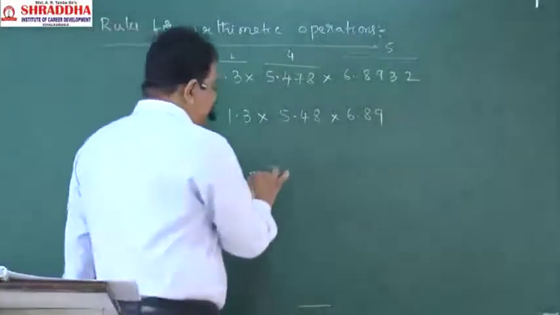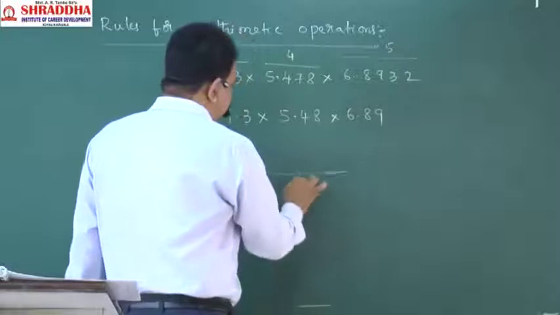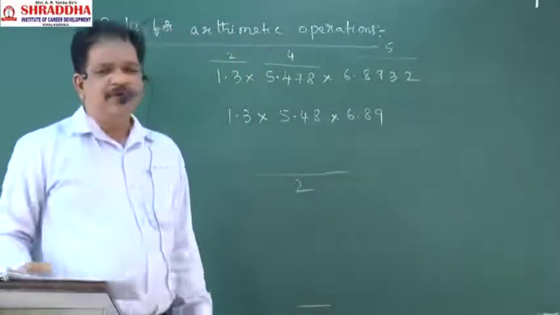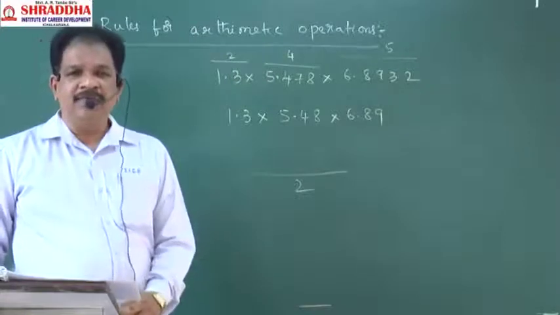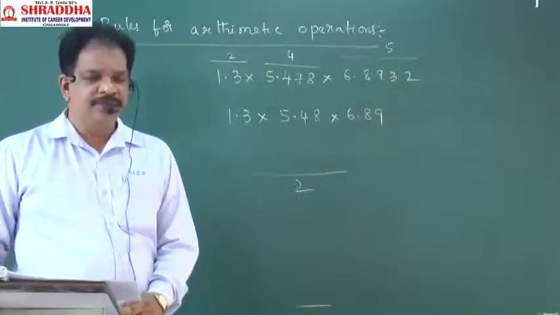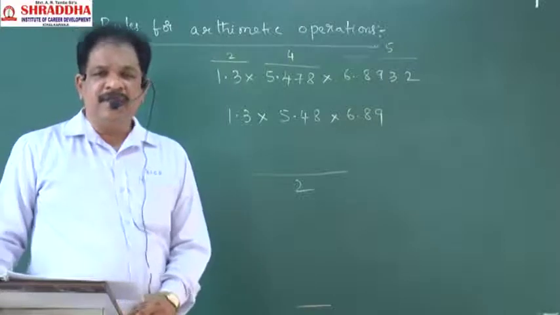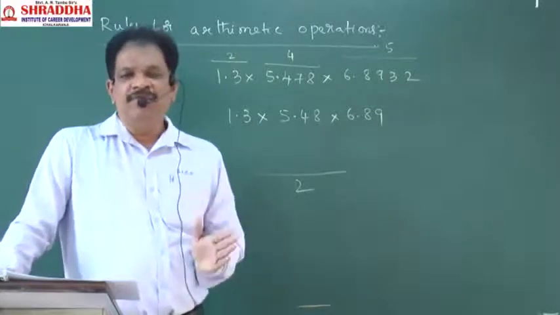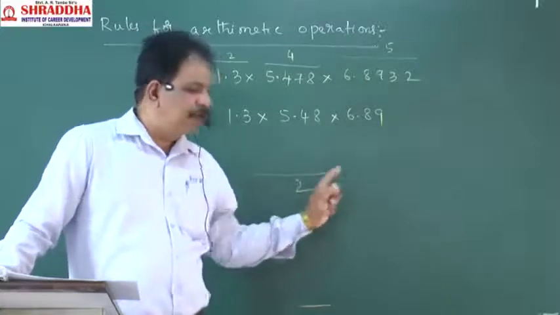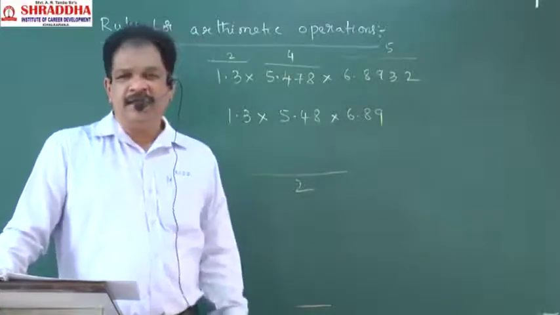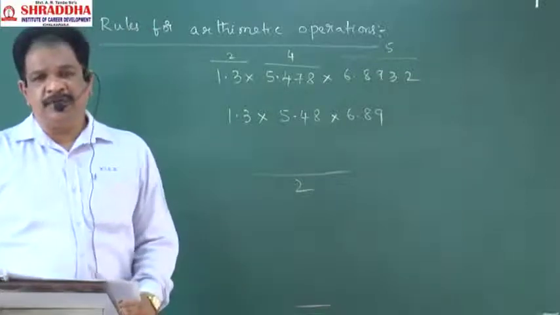You will get the final answer from the value, and that will also have 2 significant figures. Like that you have to modify the answer. Clear? That is the way you have to follow for multiplication and division. Problems will be there on this, and definitely you will get a clear idea about this.